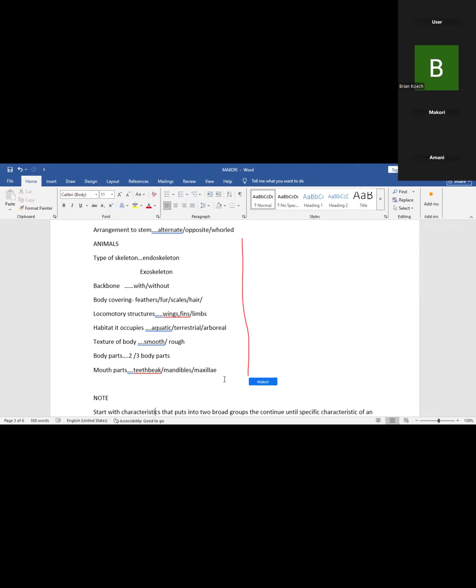So if this is our stem, and one leaflet is on this side and another one at the same point, they are oppositely arranged. But if it is this way, one is there, another one is on this side, another one this way, they are not arising from the same point within the stem, then we refer to them as alternately arranged.